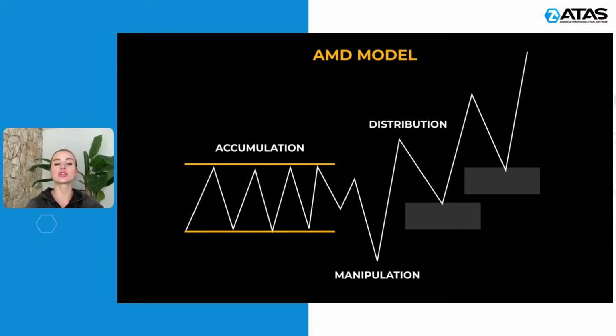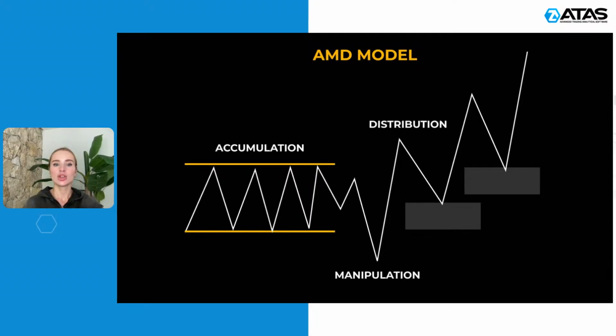Manipulation usually happens up to 50% of the size of the accumulation. This is a really important note to make, so please make some notes. Manipulation size is usually up to 50% of the size of accumulation.